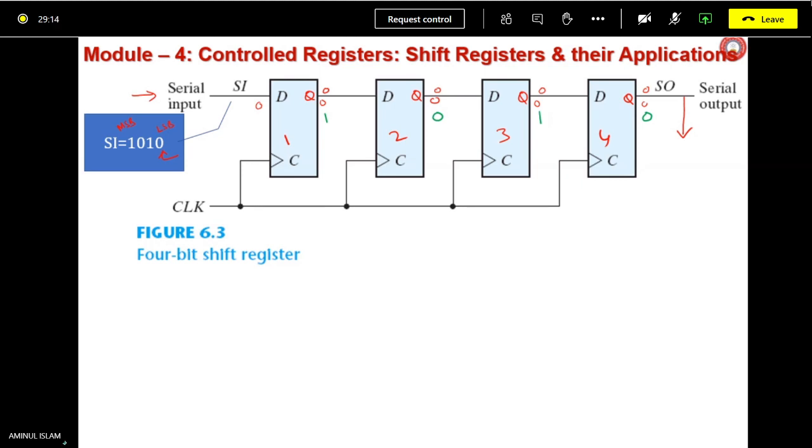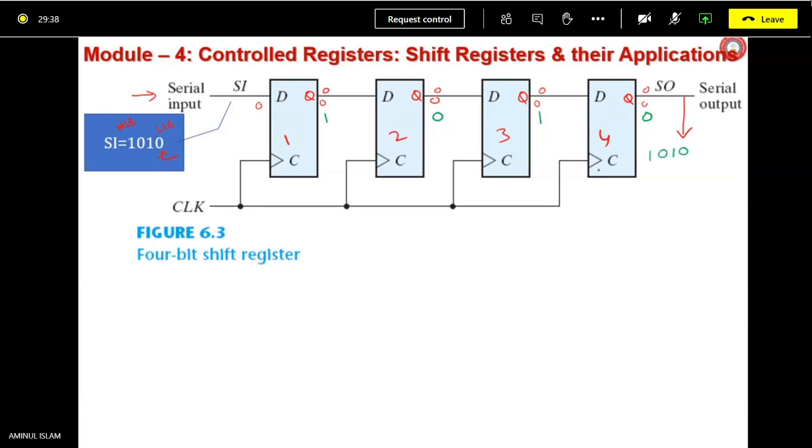Now if you want to take the stored bits out, then another 4 clock pulses have to be applied, and then you'll be getting them through here. First 0 will come out, next your 1 will come out, then again this 0 in the third clock pulse, and then the fourth clock pulse.